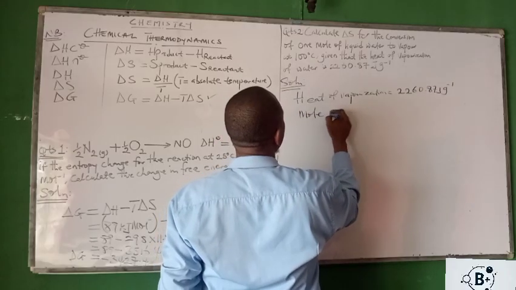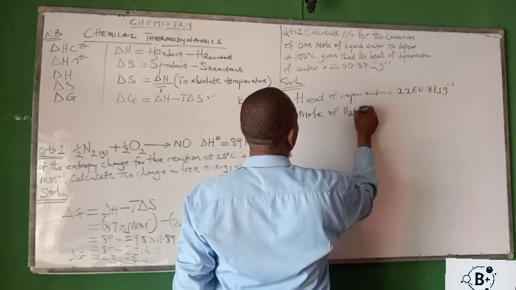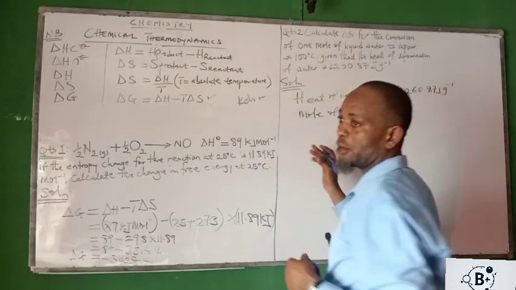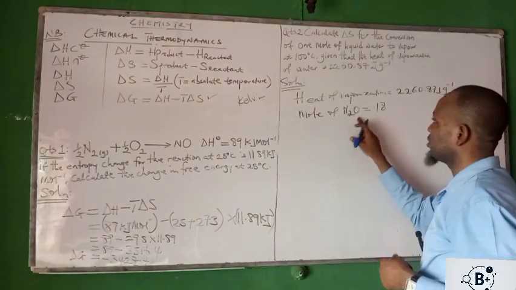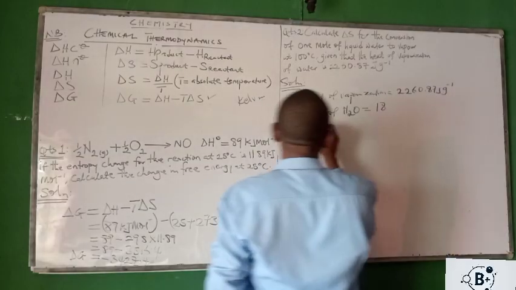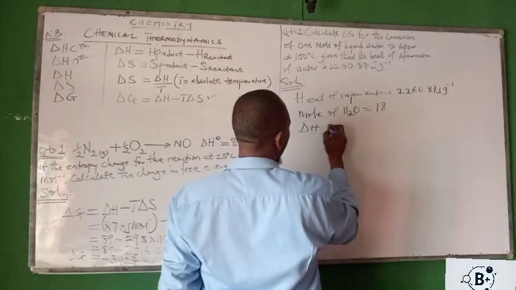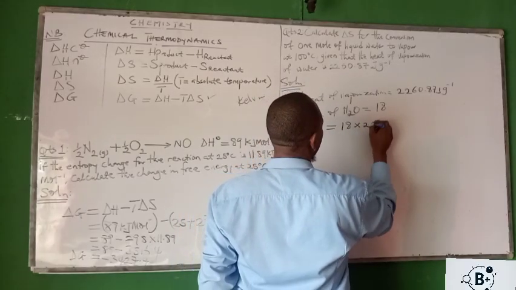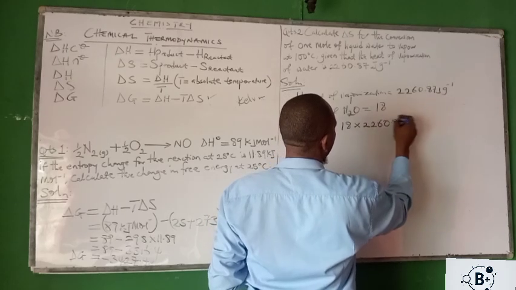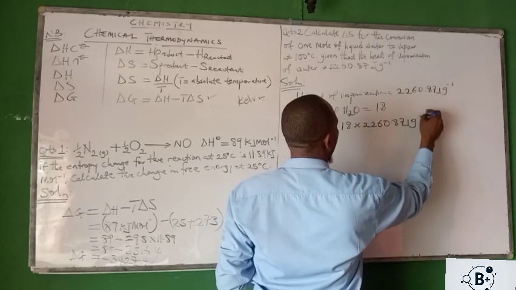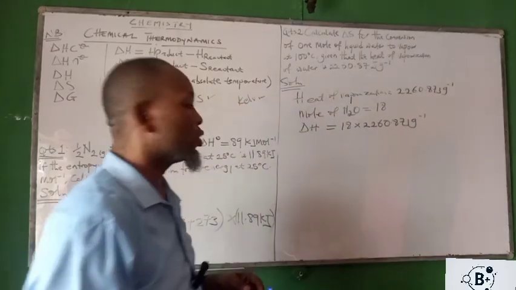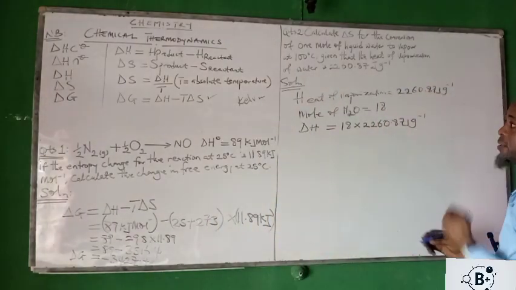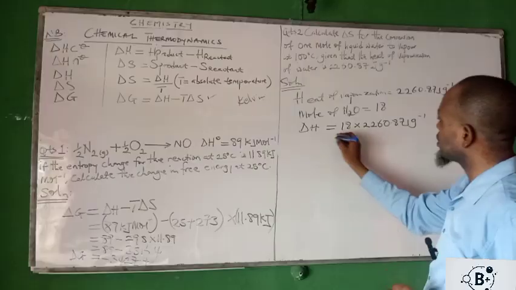Then the mole of water, mole of H2O, is equal to 18. That is the molar mass of water. So to get the change in H now, which is a parameter we are going to use, is going to be 18 times 2260.87 joules per gram. So that is the relationship we are going to use. Then we compute this.